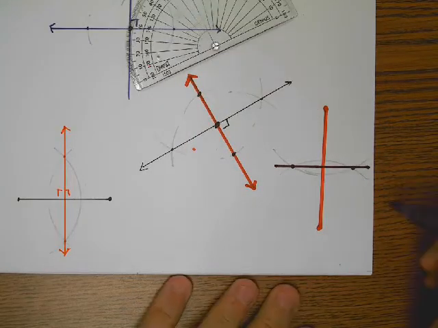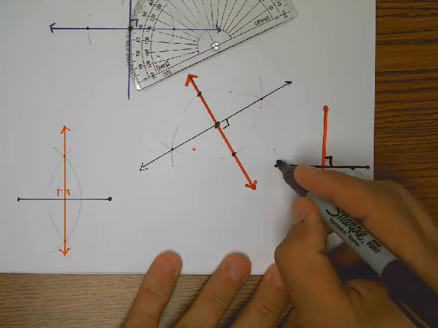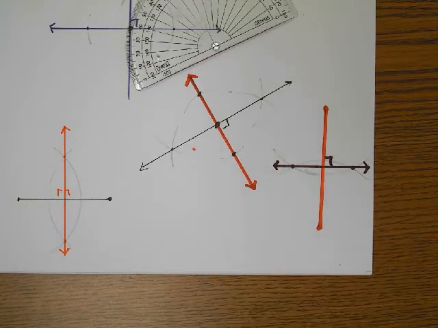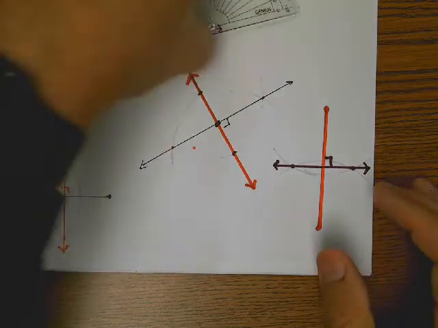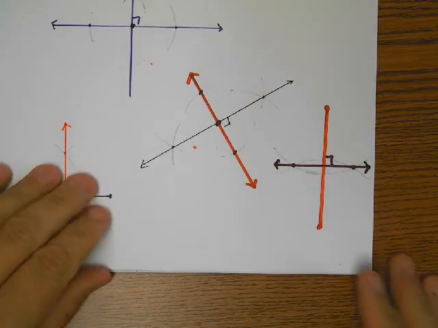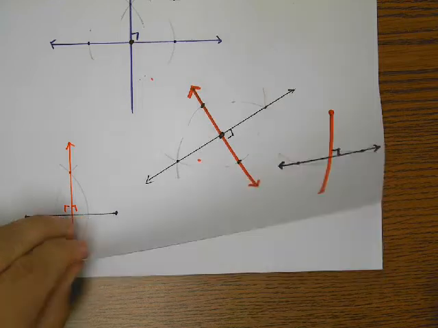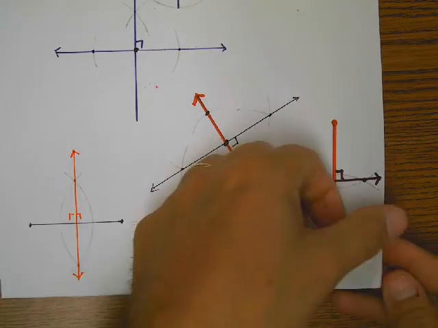Connect those 2 points and voila. All right, we good? You guys see how I do it both ways with a line and a segment? I got one other type of one to do before we do the application.